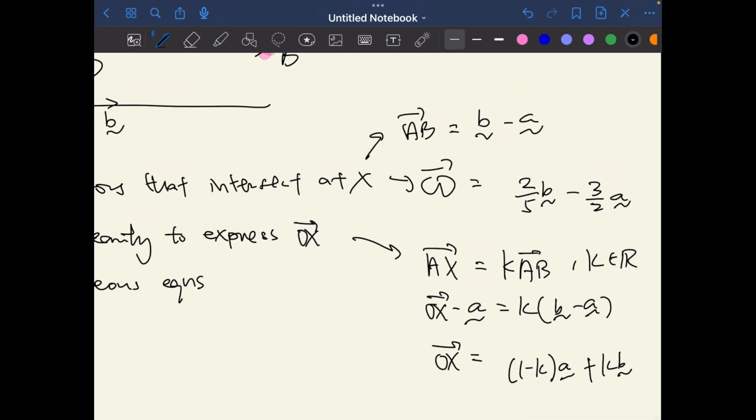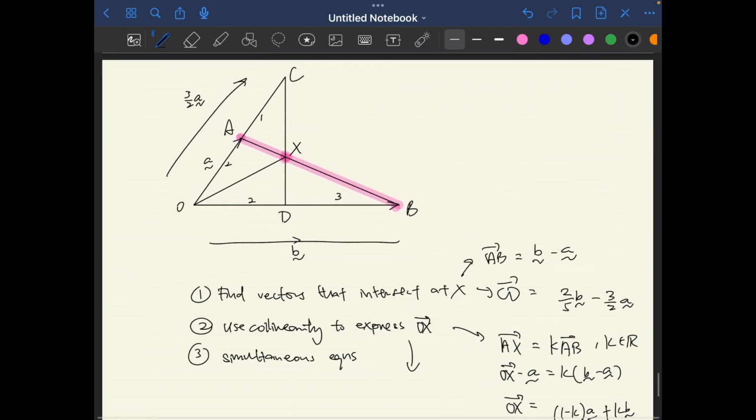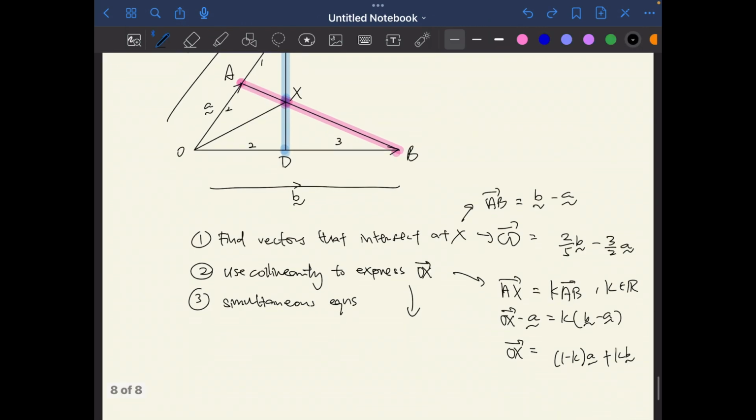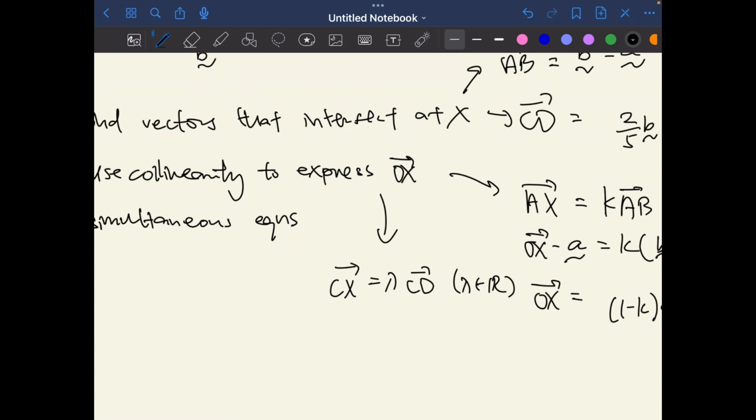And then from using CD, you do the same thing. C, X, D are collinear, so CX and CD are parallel. So I'll do CX equals lambda CD, where lambda is a real value. Then you do the same, and you will get OX equals (3/2 minus 3/2 lambda)a plus 2/5 lambda b.